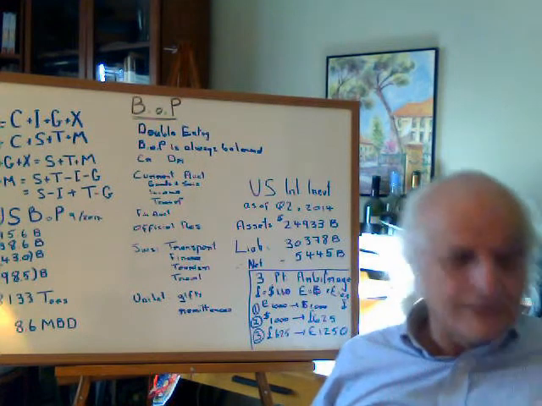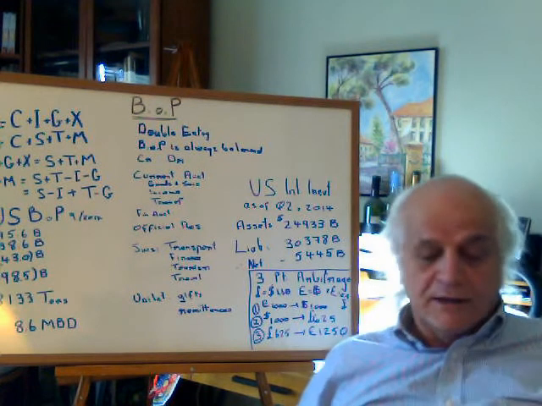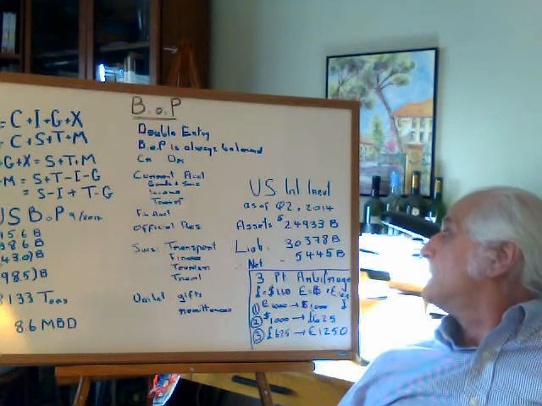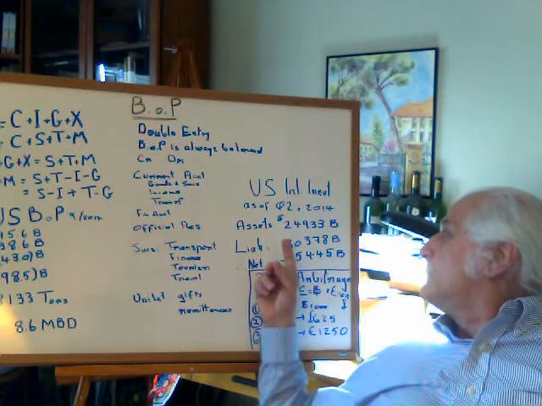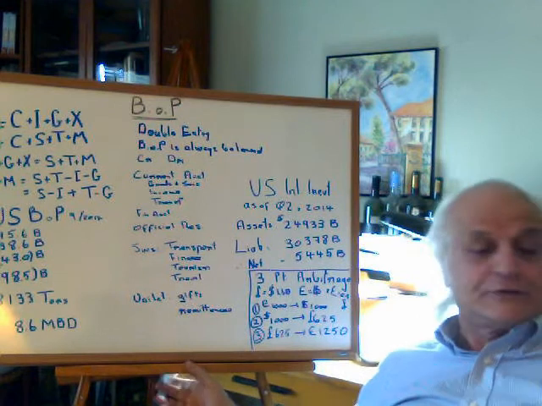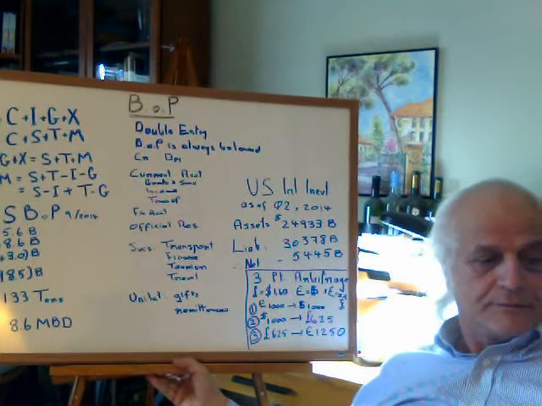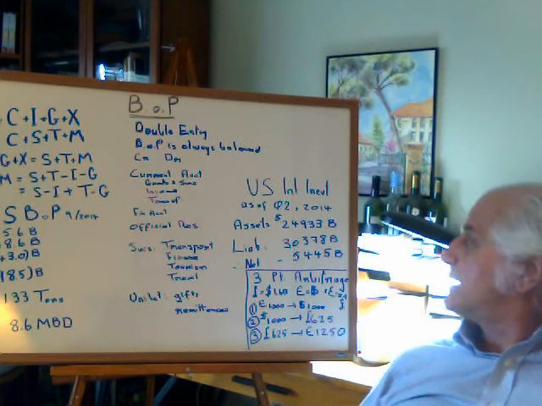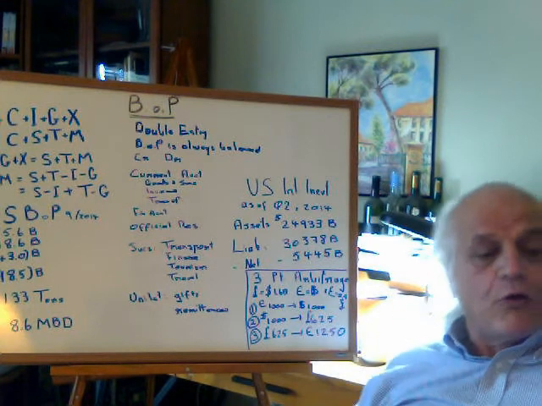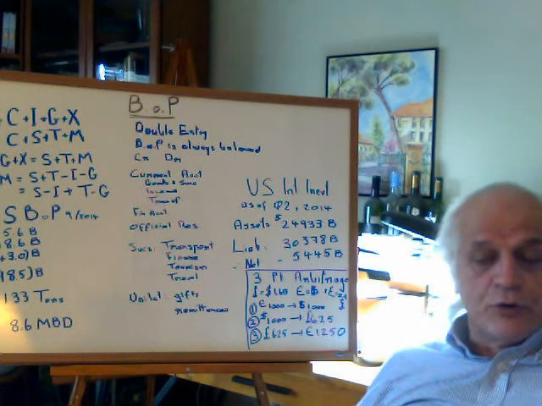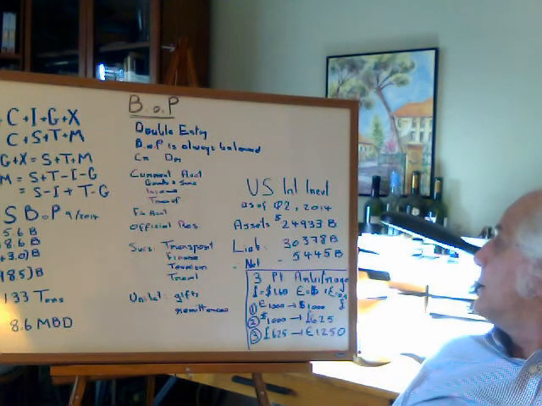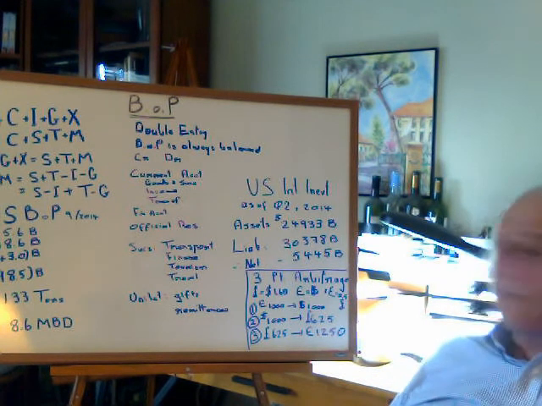Currently, again, to look at the US, since it is, so far at least, still the largest economy, you will find out that we have a net of over $5 trillion. Because what we're saying is that our assets of the world, that's all that Americans own of the rest of the world, is valued at almost $25 trillion.